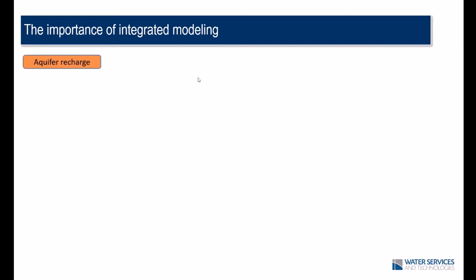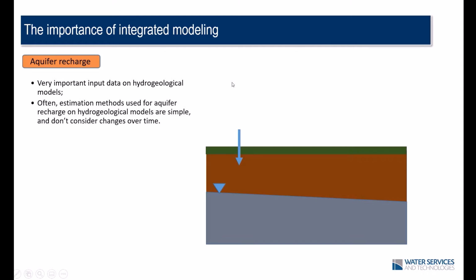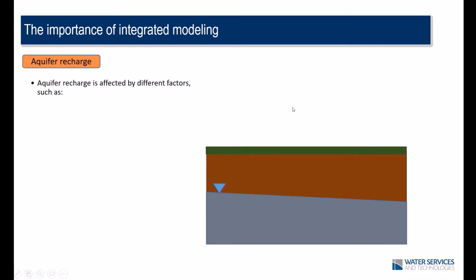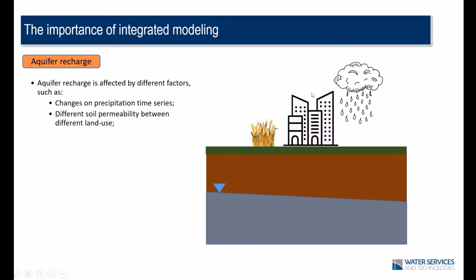So talking a little bit more about the aquifer recharge, as I just said, is a very important input data on hydrogeological models. And often the estimation methods that we use for aquifer recharge on hydrogeological models are simple. They don't consider changes over time. And the aquifer recharge is affected by many different factors, such as changes on precipitation time series, different permeability between different land use, for example, urban land use or agriculture, soil moisture, soil types, and plants growth, and water table changes.